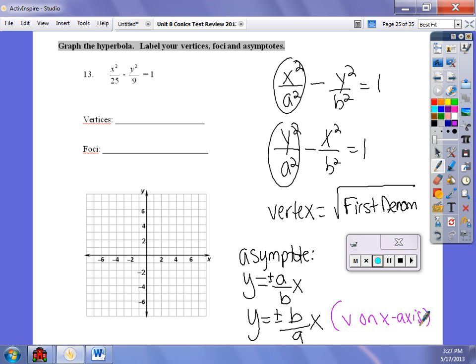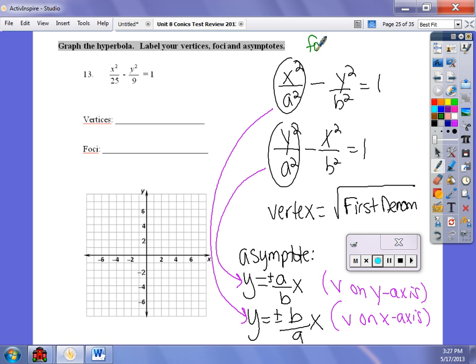If your vertex is on the y-axis, you will use the top one. So it all depends on where your vertex is. So the asymptote for this one would be a over b, and the asymptote for this one would be b over a. Okay, and the last thing you have to know is your focus formula. It is the Pythagorean theorem.